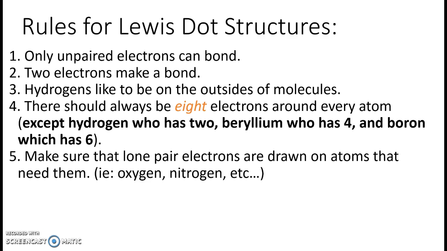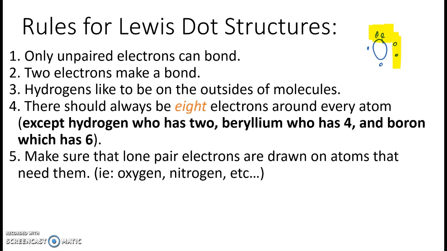When we're drawing Lewis dot structures for compounds, we need to follow 5 different rules. Our first rule is that only unpaired electrons can bond. Any electrons that are paired, let me show you an example of paired electrons, cannot bond. In this structure, oxygen has 2 sets of paired electrons.